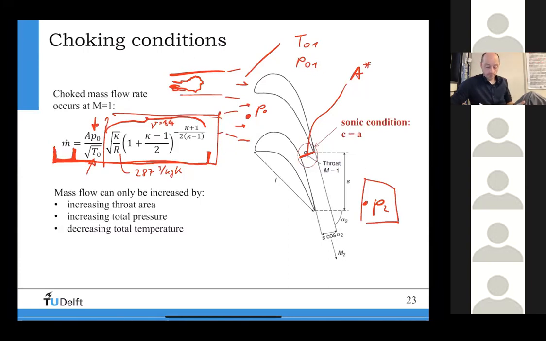Obvious. I think you have heard also about this in thermodynamics in the first year bachelor. I also discussed this. After a certain pressure, if you further decrease it, the mass flow will not increase because there's no P2 in this equation, right? But you need to reach choke conditions.